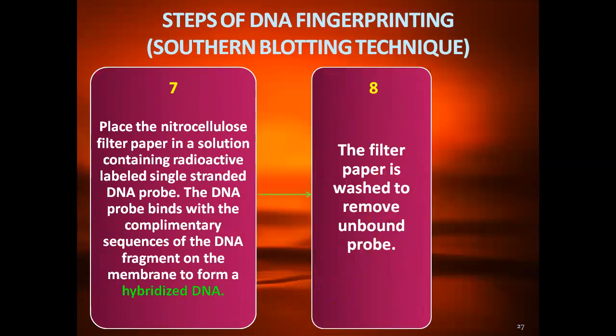They place the nitrocellulose filter paper in a solution containing radioactive labeled single-stranded DNA probe. You need to understand what exactly the probe is. We made single-stranded DNA fragments which are available on the nitrocellulose paper or nylon membrane. Do you know the sequence of that? We don't know the sequence.